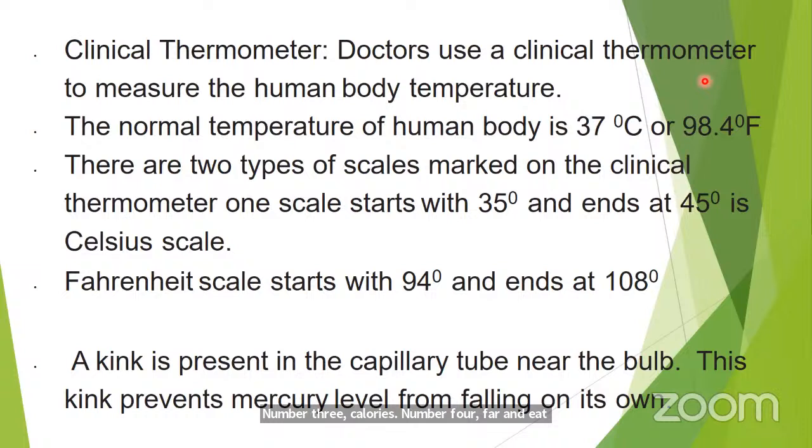So here you have to see, whenever the measures are around 35 to 45, then we say it is a Celsius scale. But if the scale starts with 94 degrees to 108 degrees, that is a Fahrenheit scale.